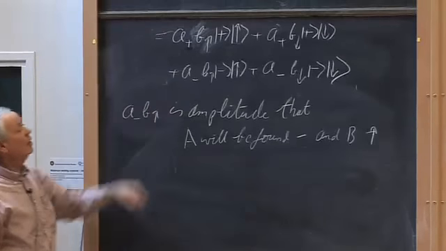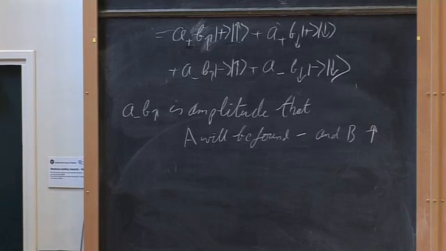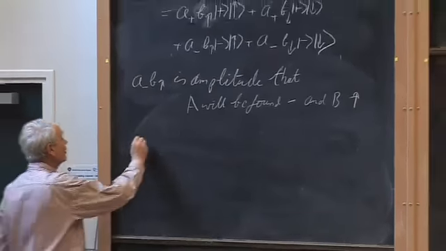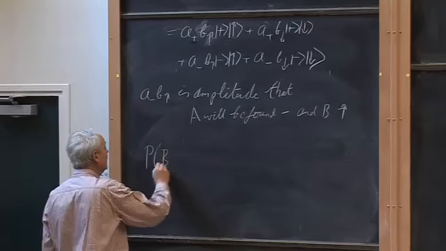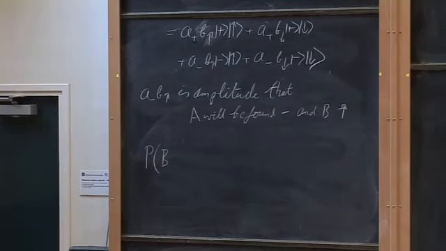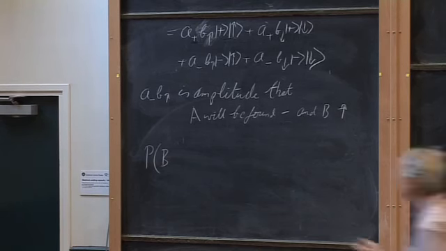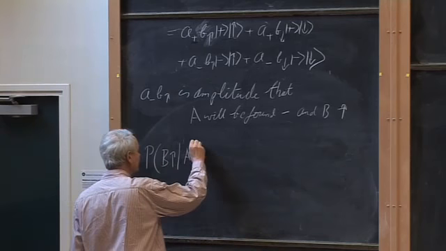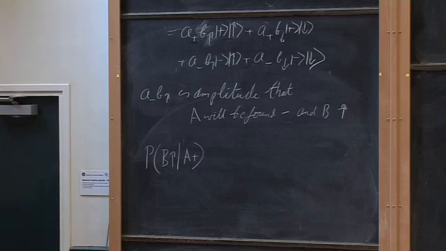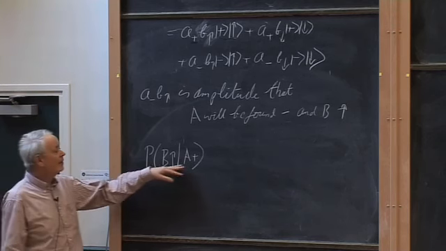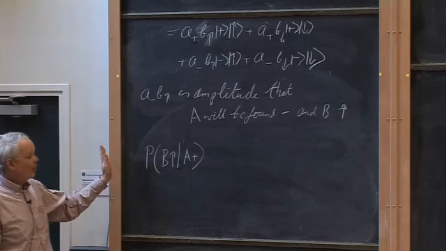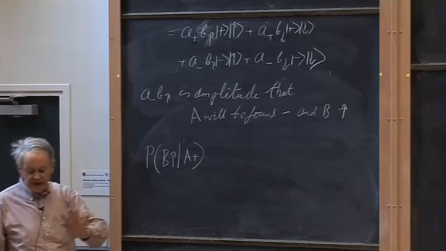But what I'm trying to show is that this state is not the most general state, okay? And the way I'm going to do that is I'm going to calculate the probability that B is up given that A is in the plus state. This is a reasonable question. We've measured and found that A is plus.